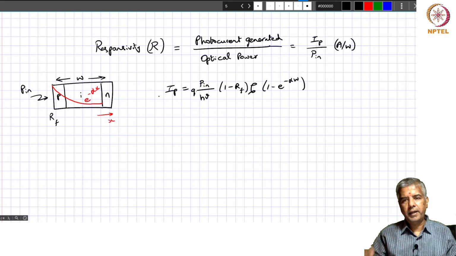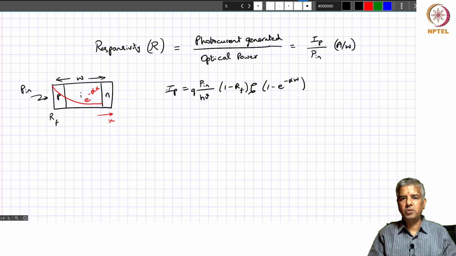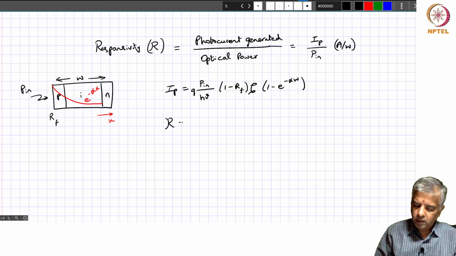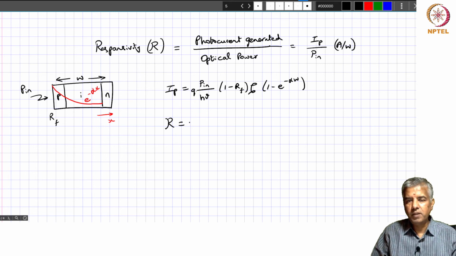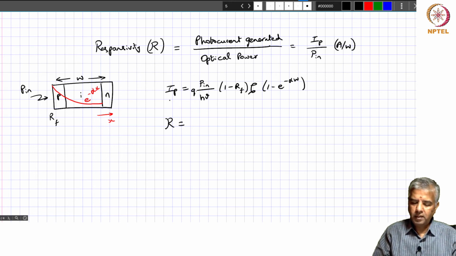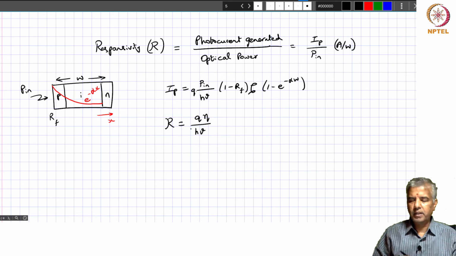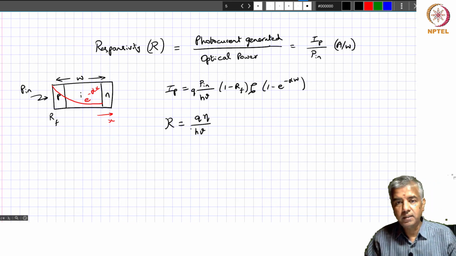If you want high bandwidth from your photodiode, you typically go for smaller W, but if you go for smaller W, the photocurrent that you generate is relatively small, and because of that, if you're looking at the responsivity, which is I_P over P_in, that is going to be given by Q over h nu, and these three factors here I can express as eta.